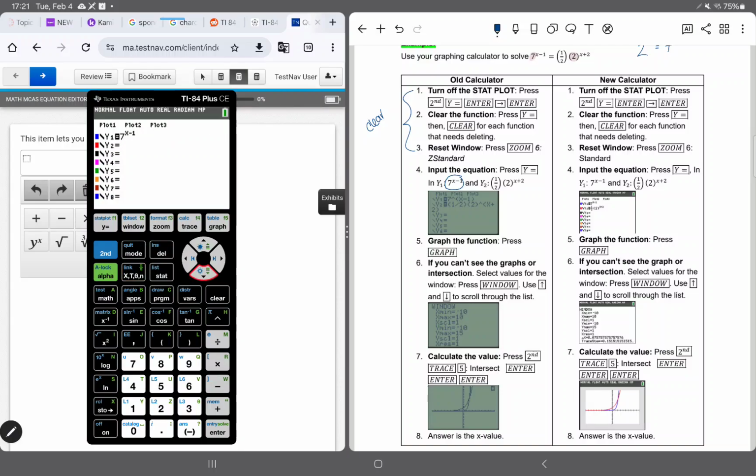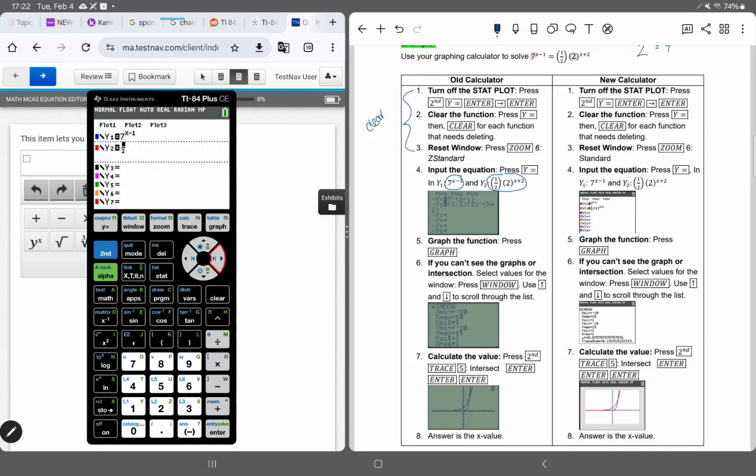Then we're going to scroll down to the right hand side of our equation. We have 1/2 2 to the power of x plus 2. So we're going to put this into our y2 function. I like to enter it the exact same way it's seen, so that I know that I'm not entering it incorrectly. To get this fraction button, if you didn't see that, I just went alpha and I hit the button beside it.